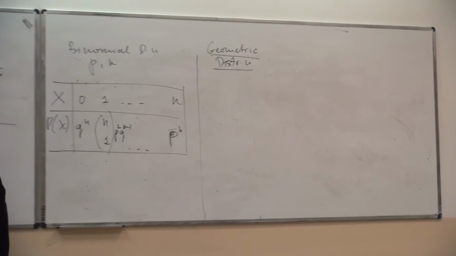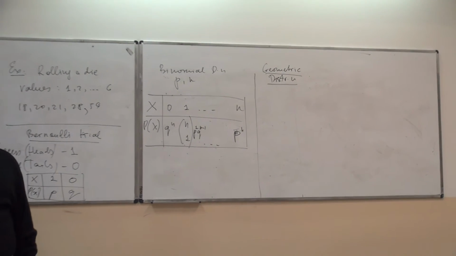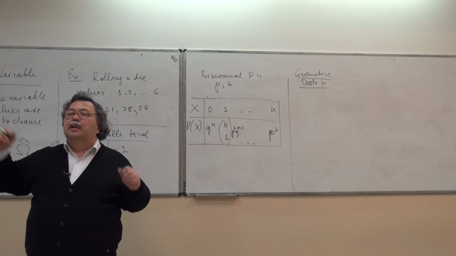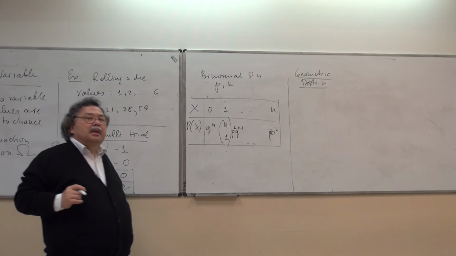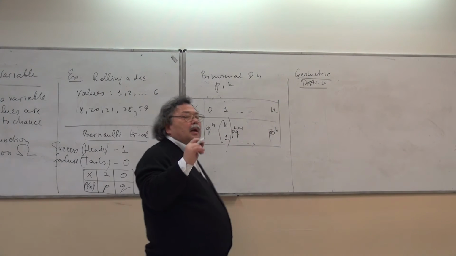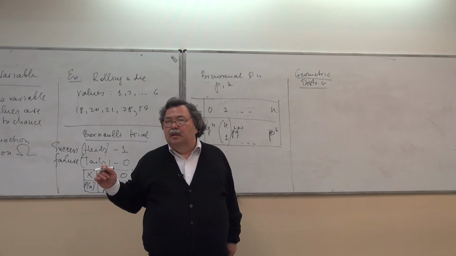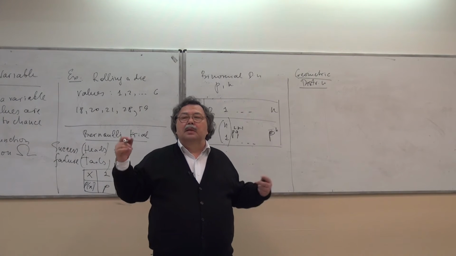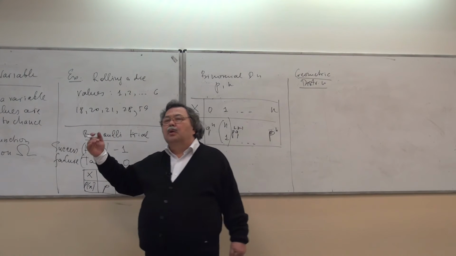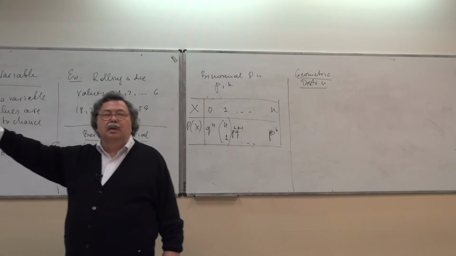Suppose we do not set any limit for the number of trials in advance. And let's say that we look at the first success. We're interested in the first success that occurs in a row of Bernoulli trials.